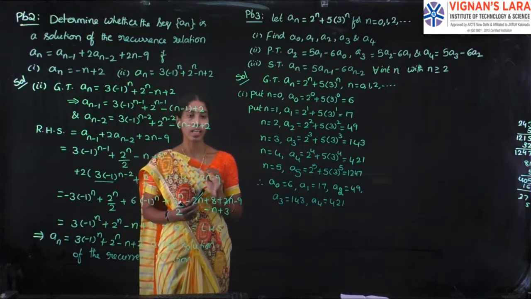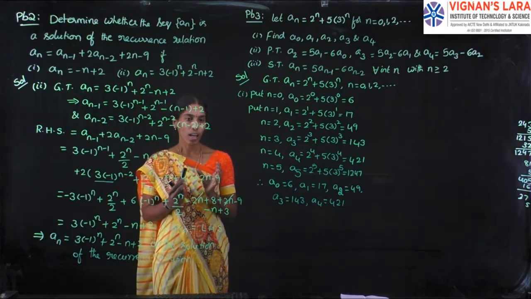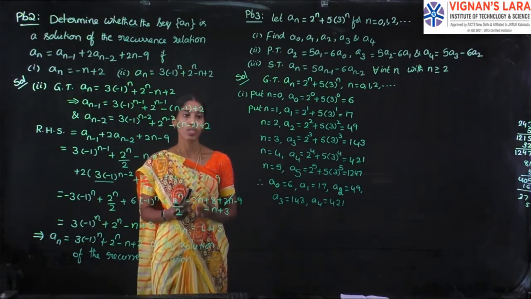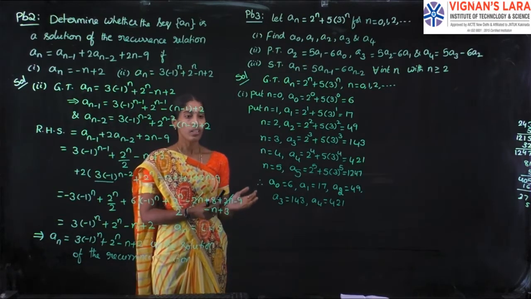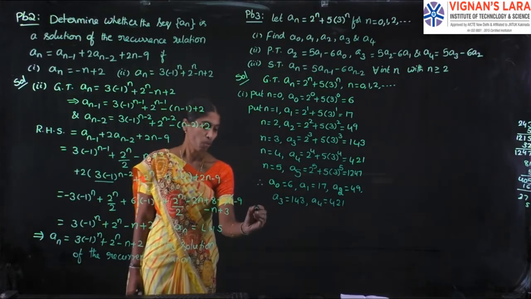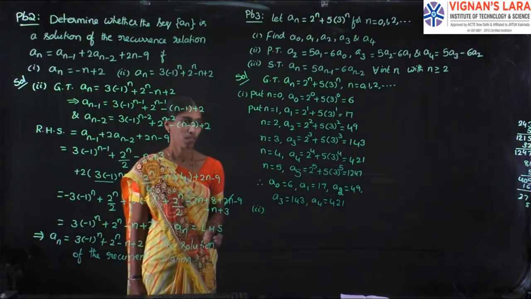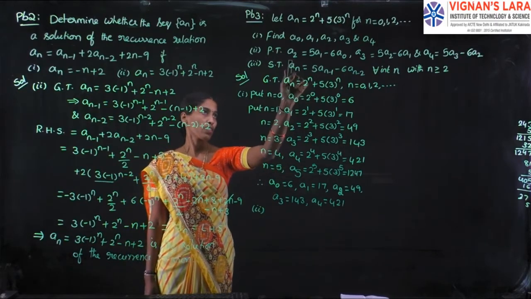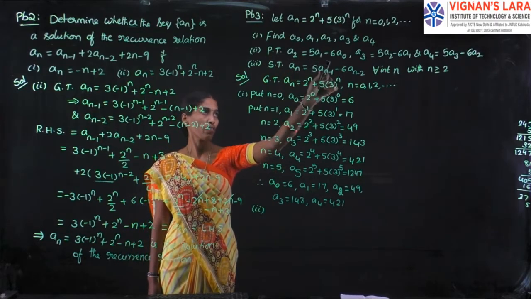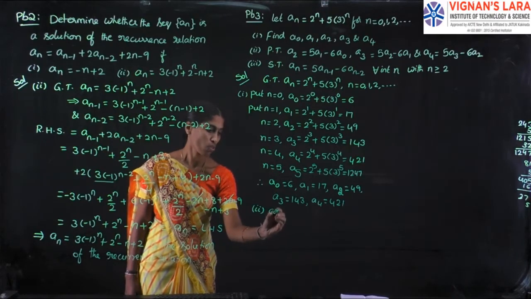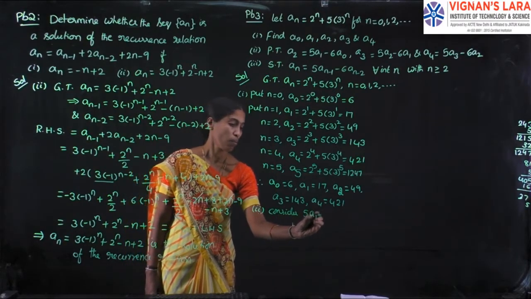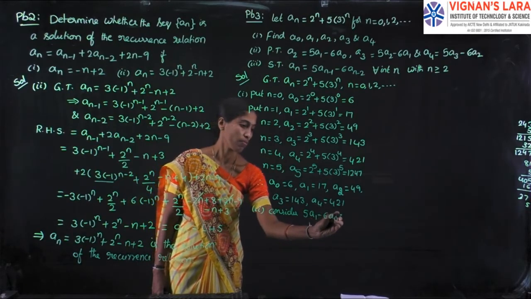Already I clearly mentioned that where the larger part is there, consider that larger part and substitute the values and simplify it into smaller part, right? What is the second one? In the second one, first part is a2 is 5a1 minus 6a0. So start with 5a1 minus 6a0.